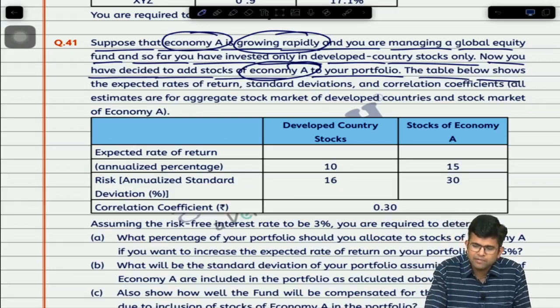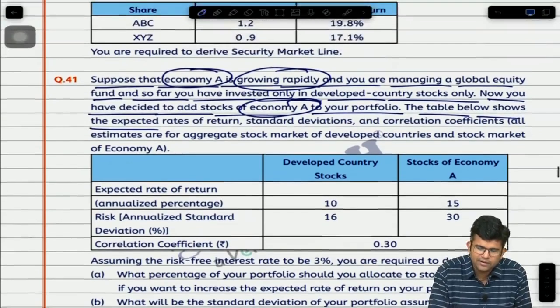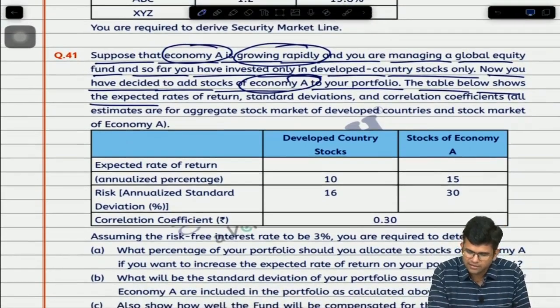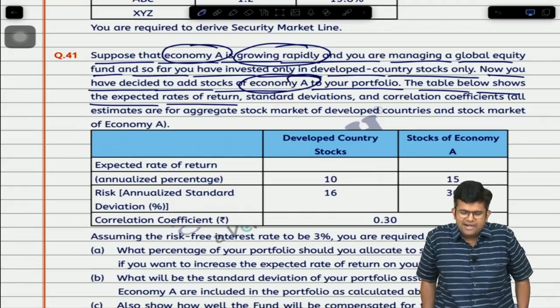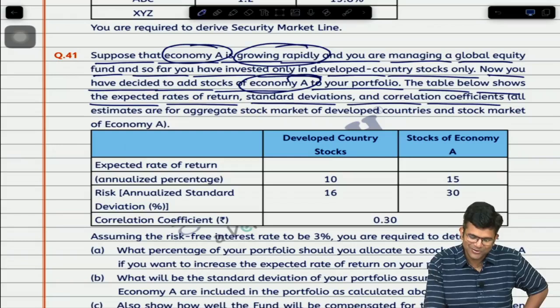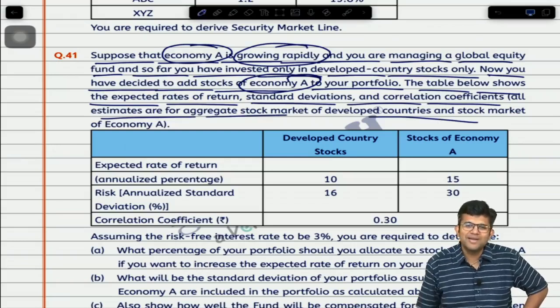The table below shows the expected rates of return, standard deviations and correlation coefficients for the following stocks.